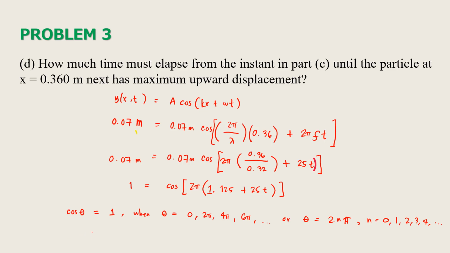In this case, we have theta is 2 pi times 1.125 plus 25t equal to 2 pi times n. So we can divide both sides by 2 pi. So we are left with this equation. We have 1.125 plus 25t is equal to n.